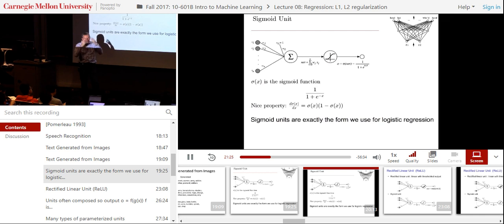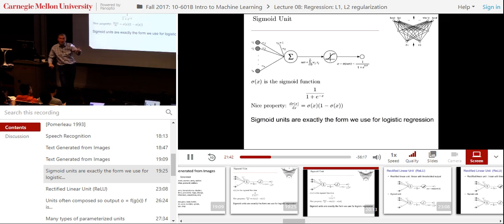So it's kind of a mind-boggling thing to say, well, what could that mean? We were very careful when we derived the form of the logistic function to explain that we could think of it as being trained to estimate a conditional probability distribution. The output of the logistic function is P of y given the input x. But now if we have a whole network of these things, what does that mean?